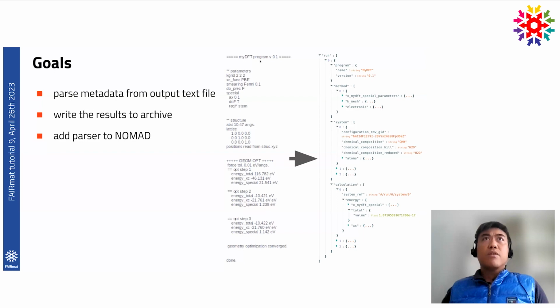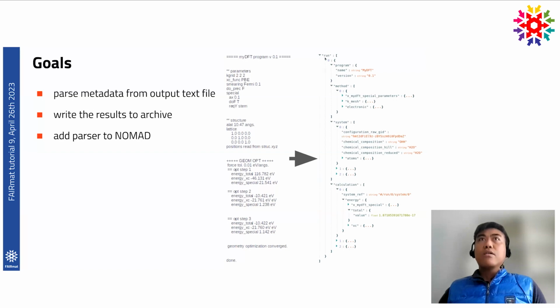This one is a prototypical output of a DFT code that contains the parameters, the structure, and the steps in a geometry optimization. Since this is an output of a simulation code, we are going to put the metadata that we parse from this output under the run section.